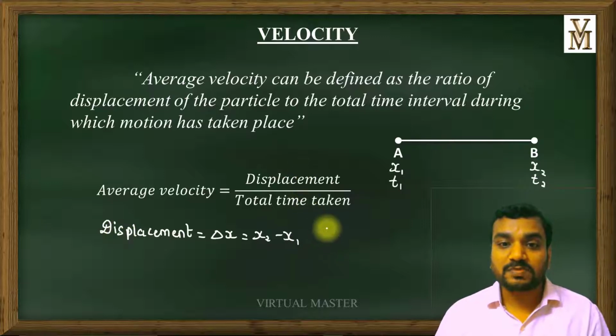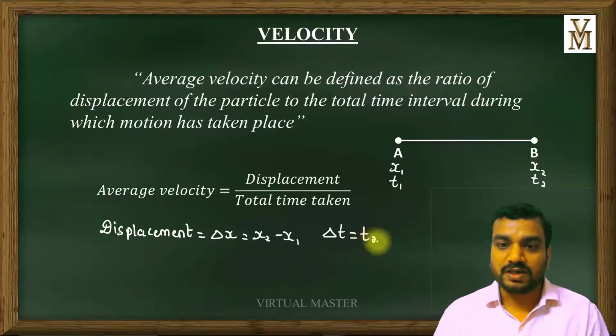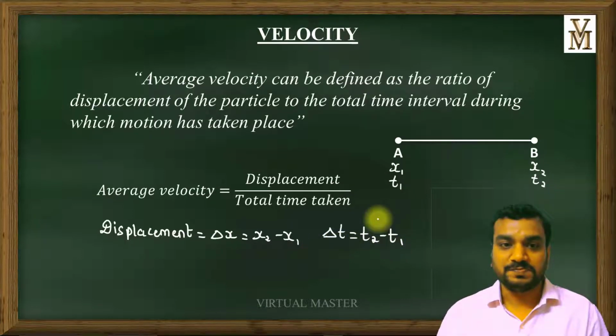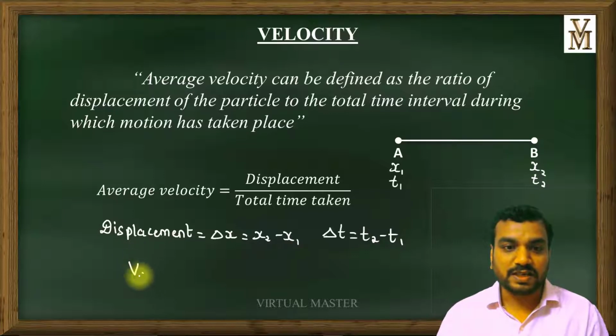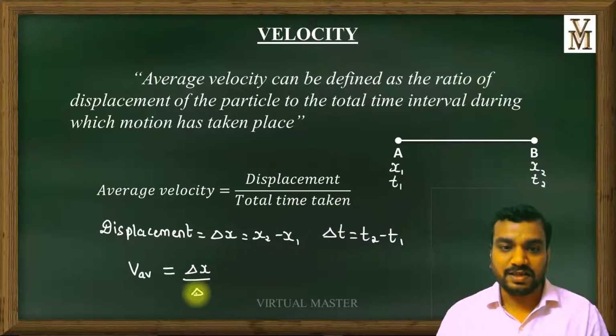Similarly, total time taken by the object to move from point A to point B can be written as delta t, which will be equal to t2 minus t1. This we have already discussed, right? So average velocity, that is V_av, is equal to total displacement, delta x, divided by total time taken, that is delta t.